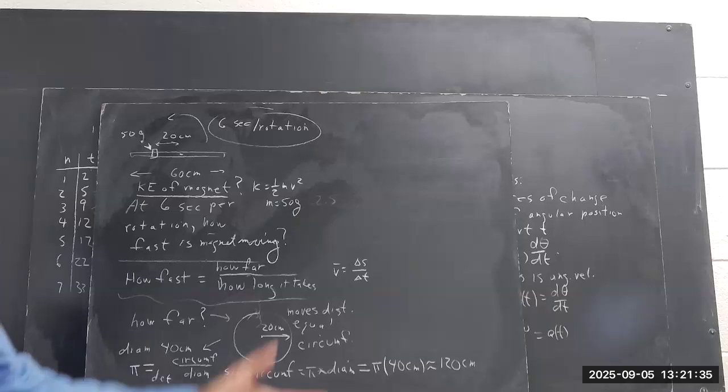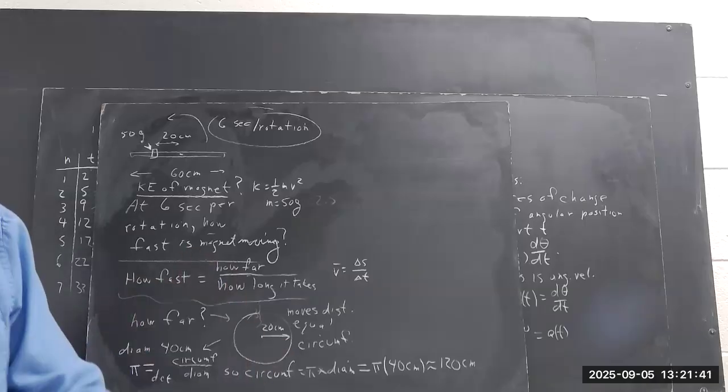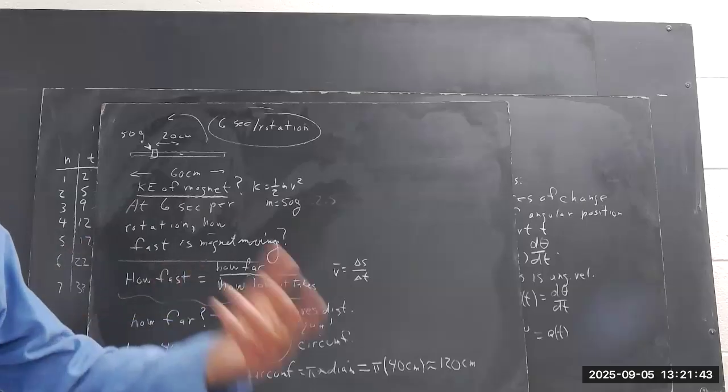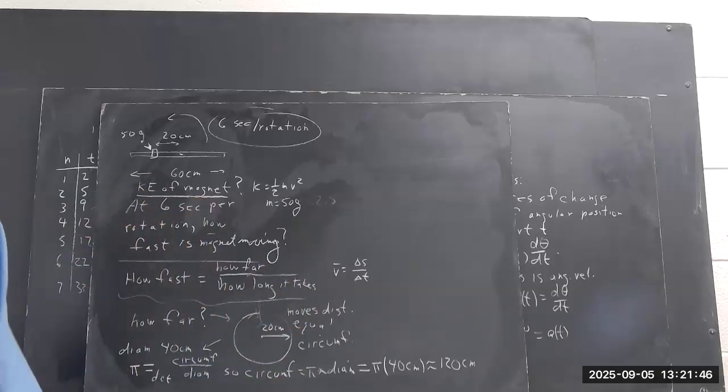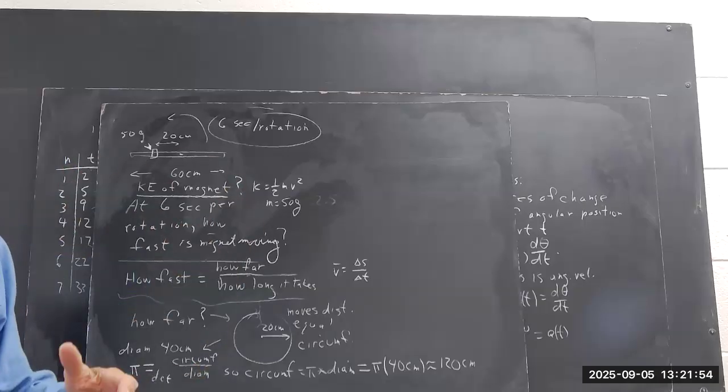Now, if you use 120 centimeters per second, well, if that thing's going around in a second, I don't want you close to it because one of those magnets might fly off and hit you. I don't know if it would or not, but we could calculate the centripetal acceleration, which is v squared over r. V would be 120 centimeters. Square that, you get 1.44 meters squared, and divide that by the radius.